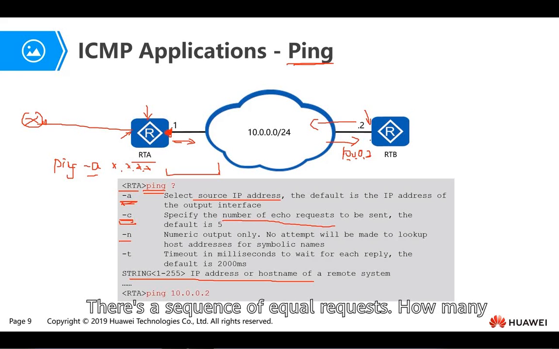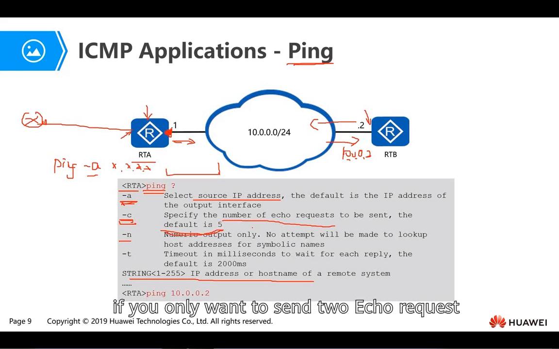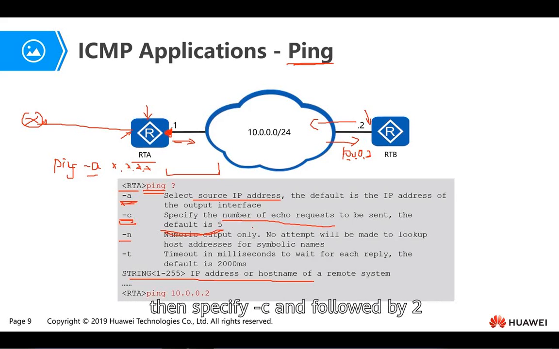There's a sequence of echo requests. How many? The default is 5. But you can specify the number. For example, if you only want to send 2 echo requests, specify -C followed by 2 and then the destination IP address. Okay, this is the -C option.